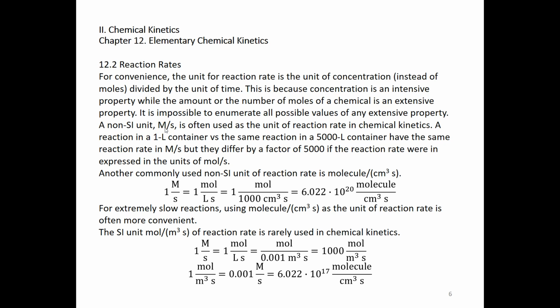Mole is the SI unit for the amount, but liter is not. Liter is 10 to the power of -3 cubic meter, while cubic meter is the SI unit for volume. But still, for convenience, we often use molar per second as the unit for the reaction rate.